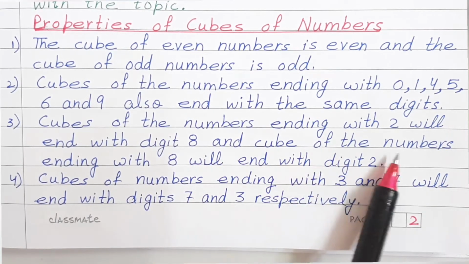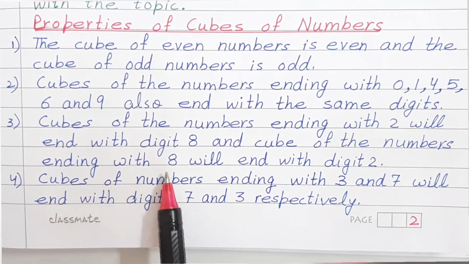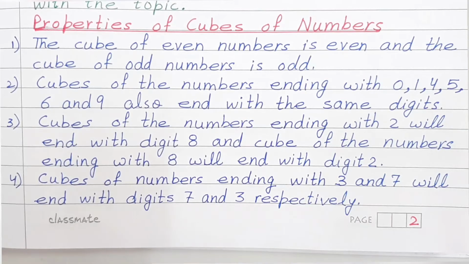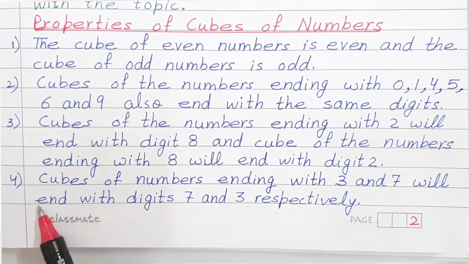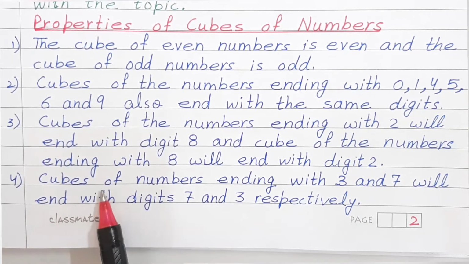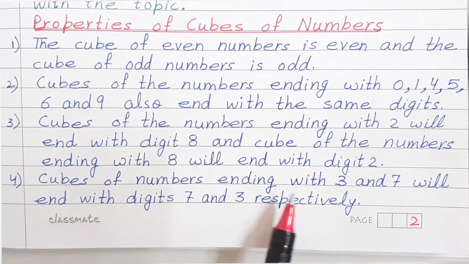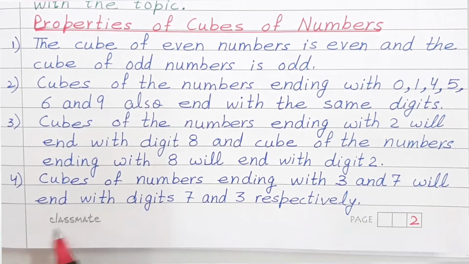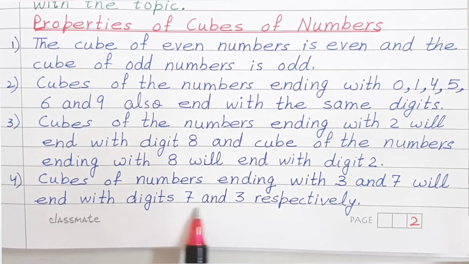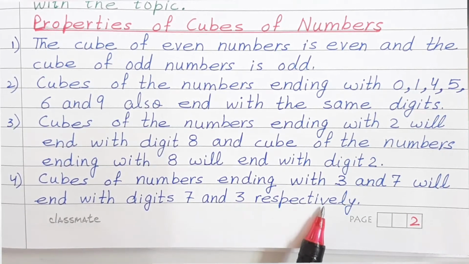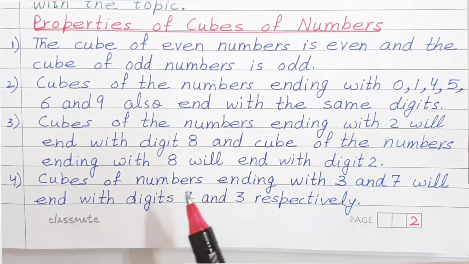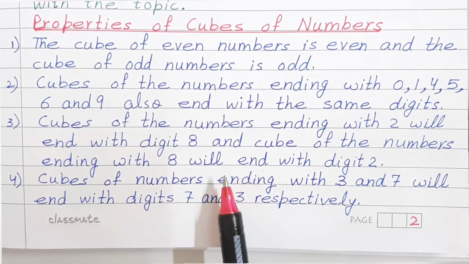The cube of the numbers ending with 8 will end with digit 2. Clear? Now the fourth point is cubes of numbers ending with 3 and 7 will end with the digits 7 and 3 respectively. Students, please go through all the properties that will help you to find the cube and cube roots of the given numbers.